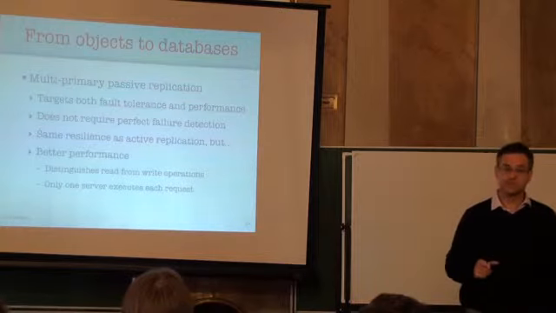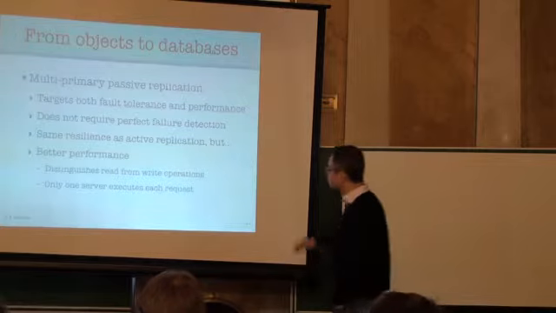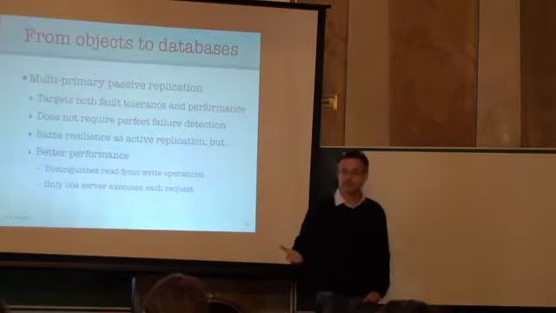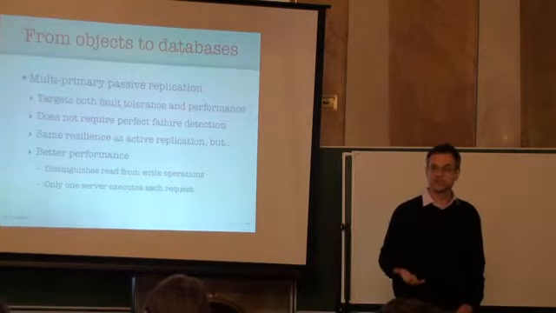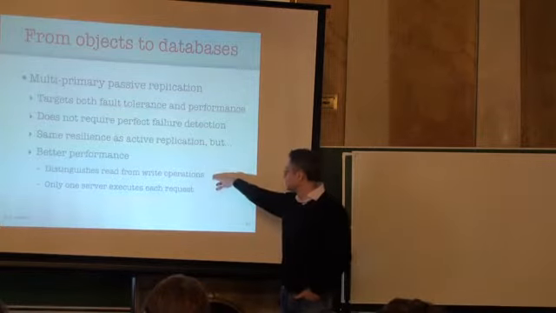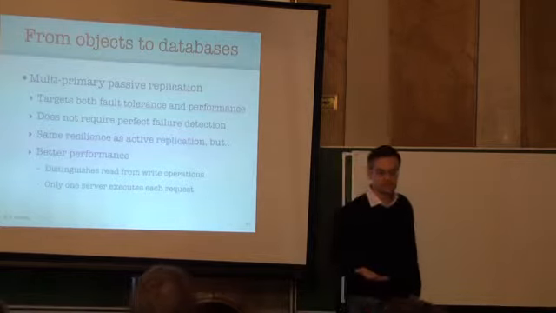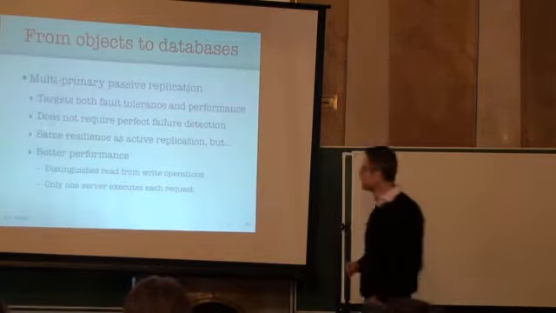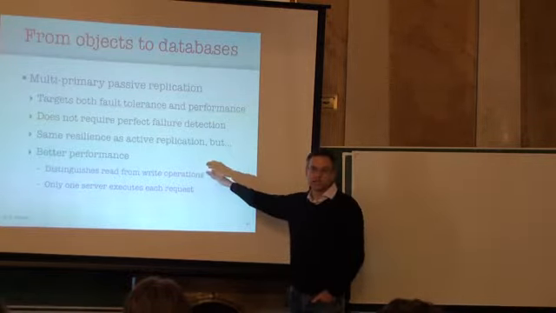And the better performance is coming from two aspects of this technique. The first one is that we distinguish read from write operations, which was not the case with active replication. Every request, regardless of what it did, was treated in the same way. Now we are going to distinguish these two, because they're fundamentally different. One changes the state of the system, the other doesn't. This first one is quite simple, actually, and could be applied to active replication as well.